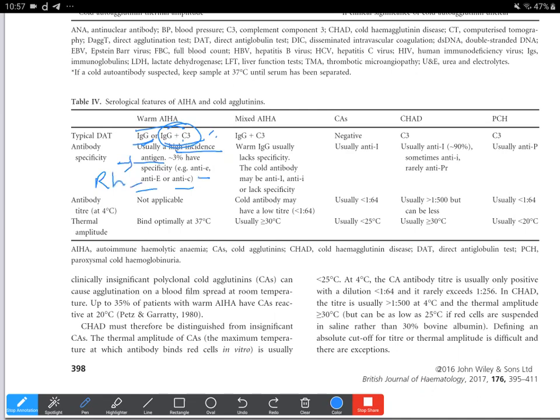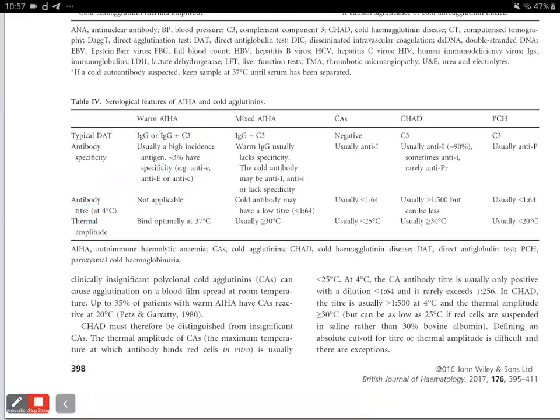They have mentioned that 3% have no specificity. The antibody titer at 4 degrees centigrade is not applicable, whereas for thermal amplitude, they will bind optimally at 37 degrees centigrade. And then regarding the cold antibodies, this is the primary cold.